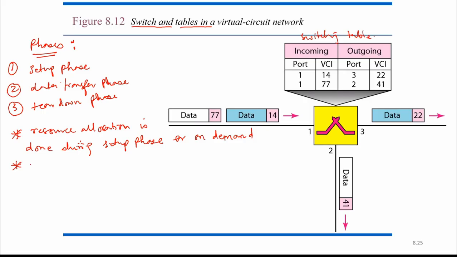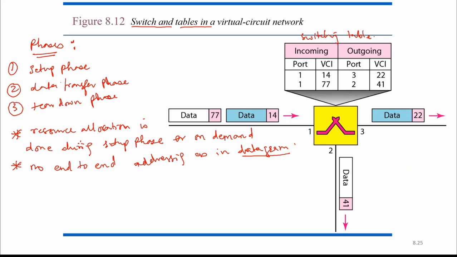Here, there is no end-to-end addressing, as in datagram switching. In datagram there is no end-to-end addressing, but there is end-to-end addressing in circuit switching. But here there is no end-to-end addressing, similar to the property of datagram switching.